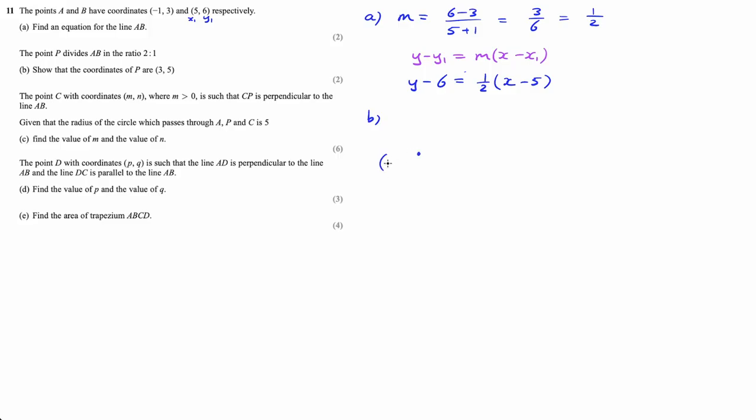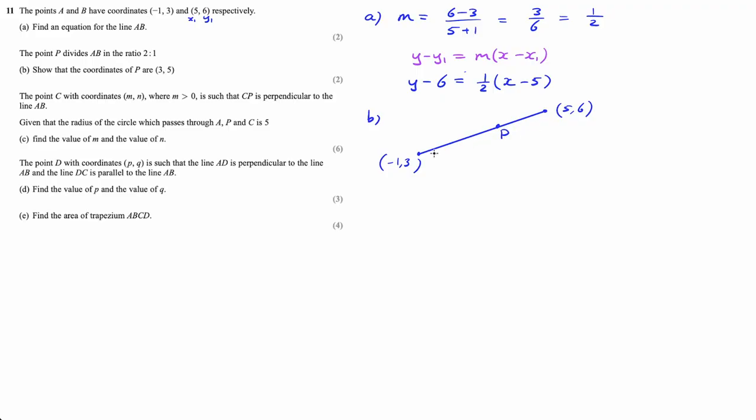Minus 1, 3 to, I don't know, let's say 5, 6. Okay, so the point P, because it's in the ratio 2:1, the point P is going to be somewhere like here, where 2 of these is 1 of these.